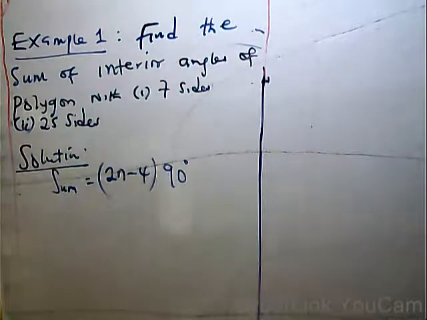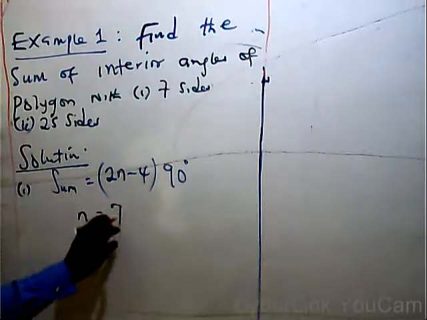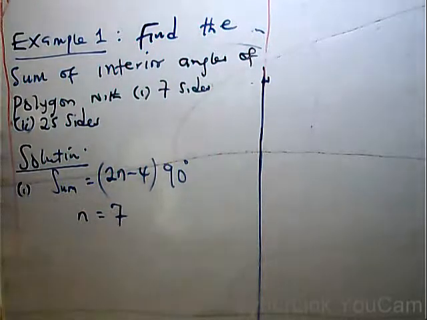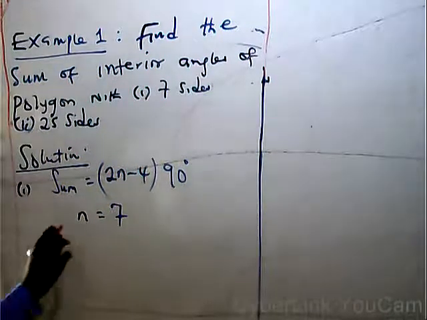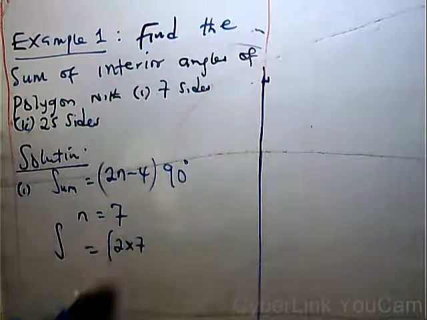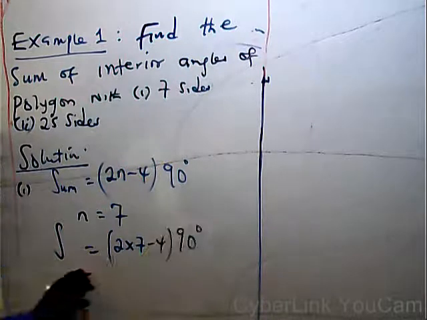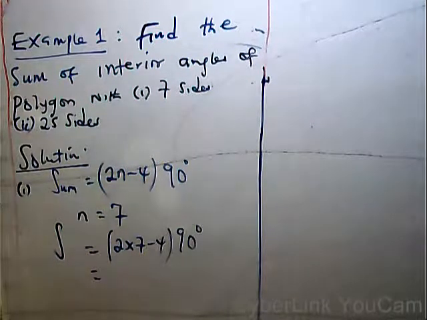For the first one, n equals 7. So the sum is 2 multiplied by 7 minus 4, in brackets, times 90 degrees. What is 2 times 7? That is 14.